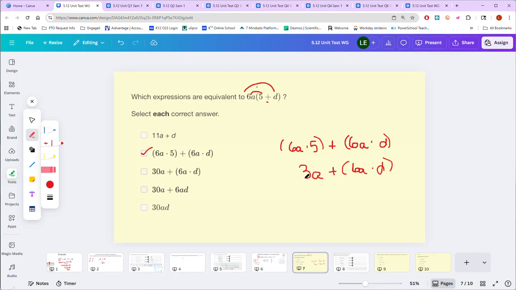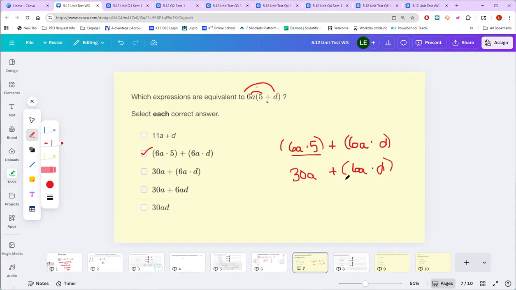So 30a. Let me write that a little bit neater. Plus the 6 times d. So they solved what was in the parentheses here, and then they still have this.